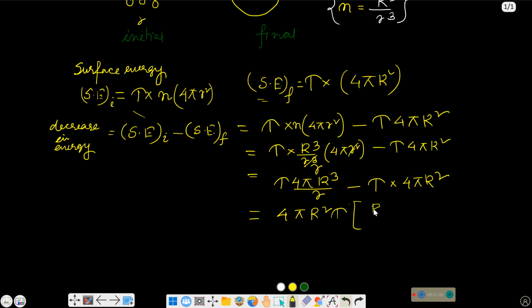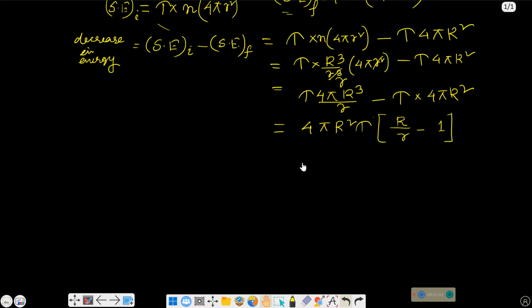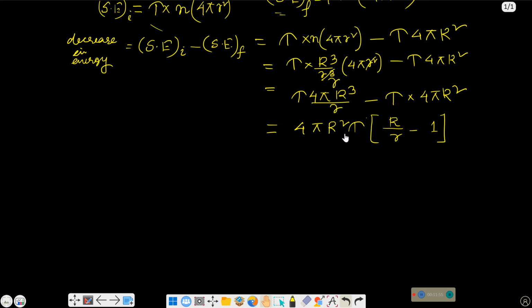Then we will be left with capital R by small r minus 1. Then this will be equal to your decrease in energy, right? That is your energy released.